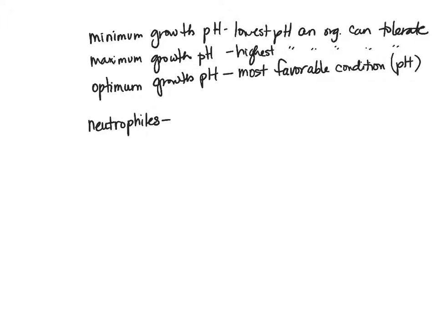If we are studying something that is going to be a pathogen for humans, for example, or other animals, typically we're talking about neutrophiles, and that's because human bodies and other animal bodies are generally neutral, around 7 in pH, and so those organisms that are pathogenic to them are also going to be in an optimal range of about 7. So really, the optimal range that we're talking about here is a pH from 5 to 9. And it really depends on the organism.